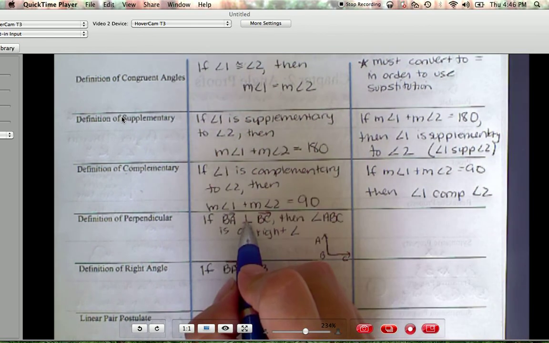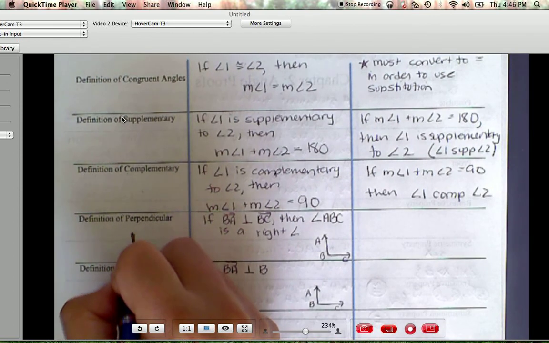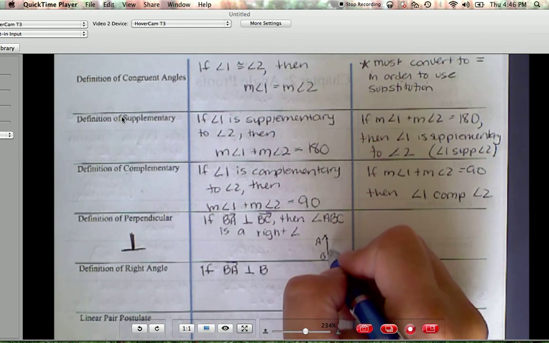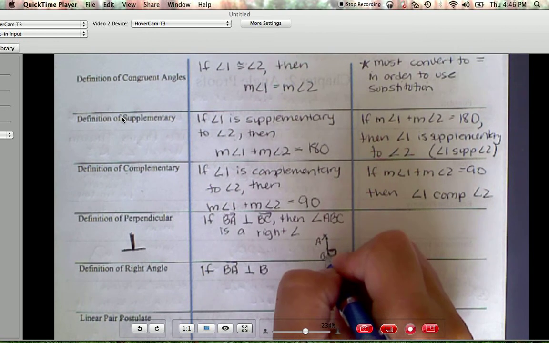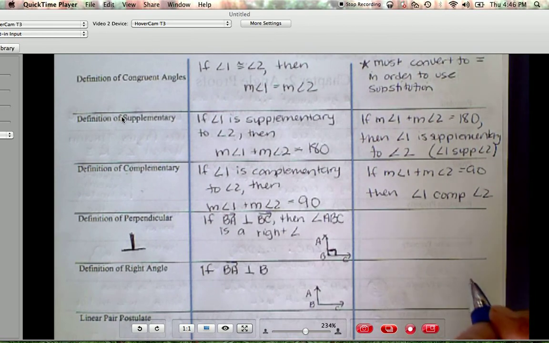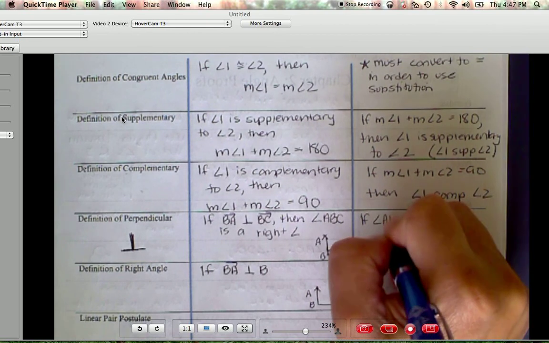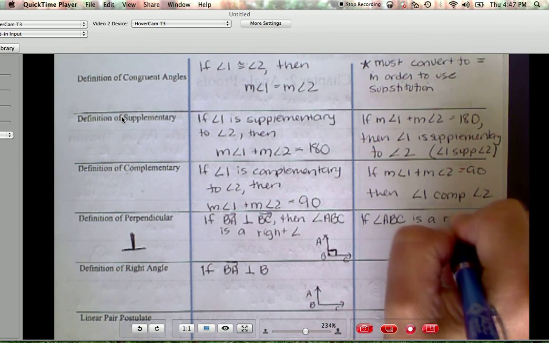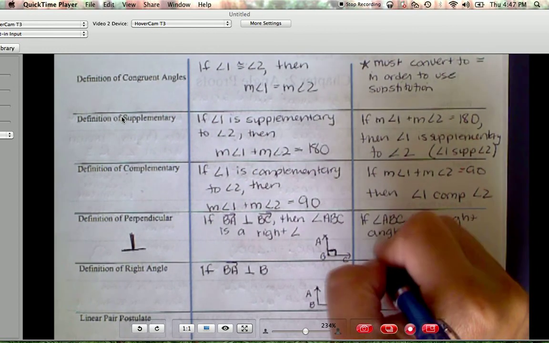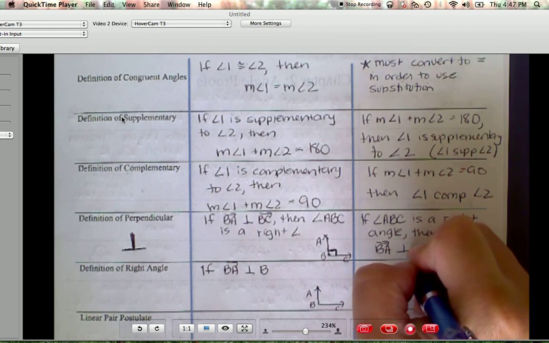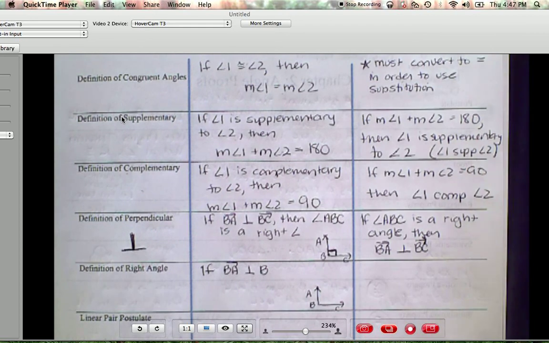So anytime we see this perpendicular symbol, here's the symbol for perpendicular, we should go ahead and mark a right angle in the corner. So if ray BA is perpendicular to ray BC, where they come together, they meet at a 90-degree angle. The converse is also true. If angle ABC is a right angle, then ray BA is perpendicular to ray BC. Okay.